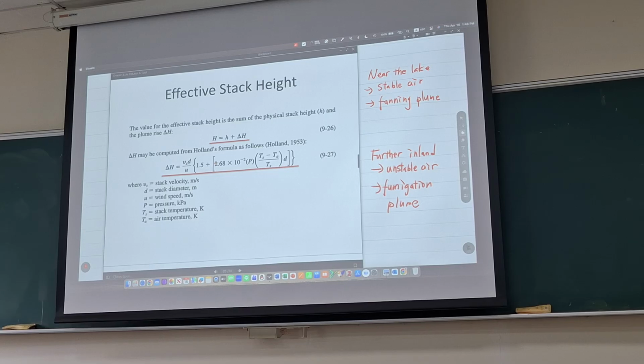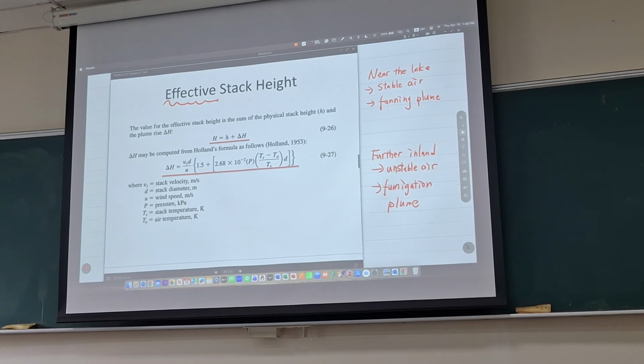So this course is not environmental science. For environmental science, we don't have too much mathematics. But this course is environmental engineering, so we have some mathematics. For example, this slide explains the effective stack height.